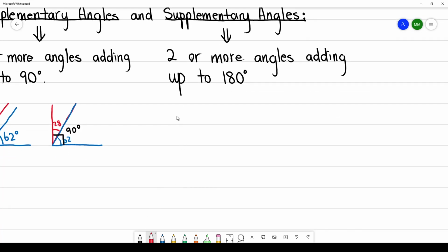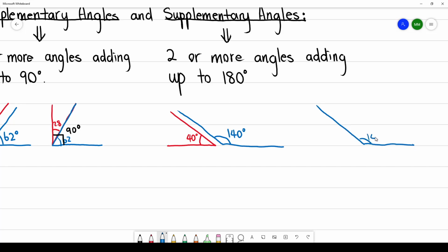So how you do this is like, imagine this angle here is 40 degrees. So then if you have another angle that is 140 degrees, then when you combine them, so this is 140, and then you put it together with that 40-degree angle.